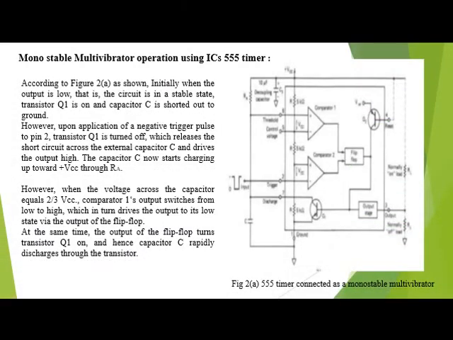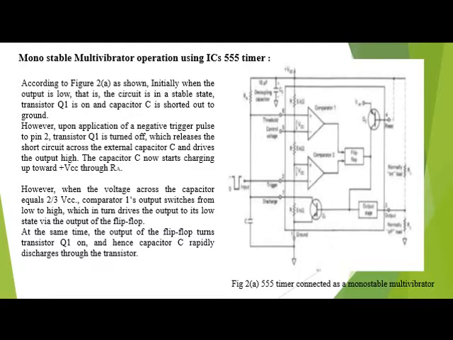In this slide, we are discussing the monostable multivibrator operation using the IC 555 timer. According to this figure, the timer is connected as a monostable multivibrator, and this is the complete functional block diagram along with the connections shown in the figure.